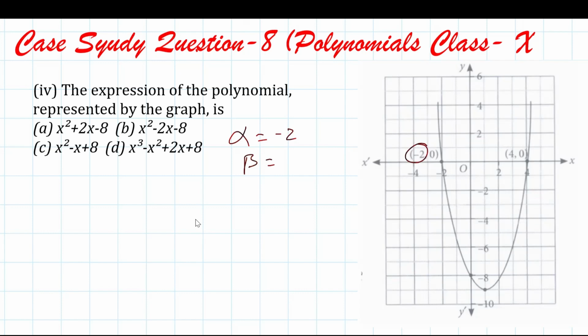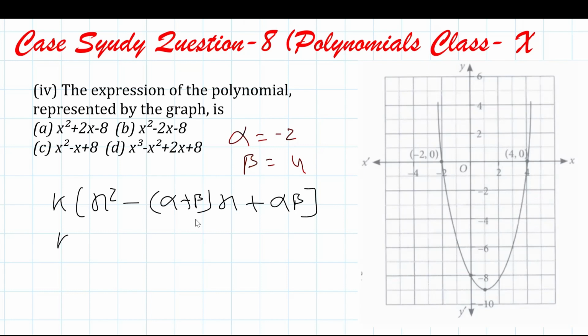I'm using alpha and beta to denote the zeros. We know the zeros now. In order to frame the polynomial, the formula is k times x square minus the sum of the zeros times x plus the product of the zeros. So k can take any real value.